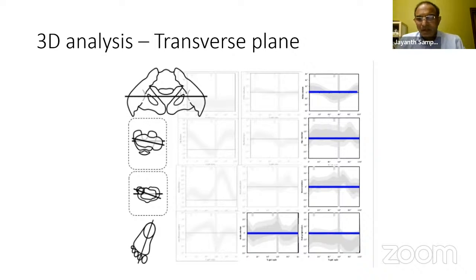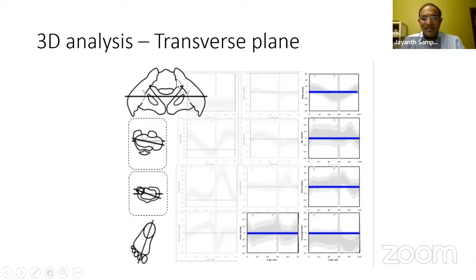So this is the way most gait analysis systems capture the transverse plane. This is looking at the pelvis in the transverse plane, looking at the knee, the ankle, and the foot. What most gait analysis systems do is that there is a reference plane, which is the lab axis.